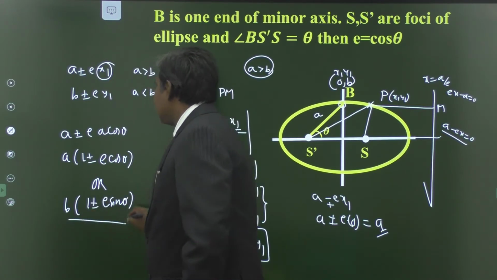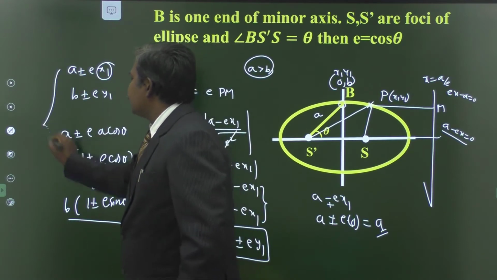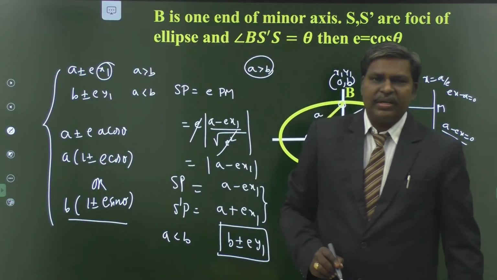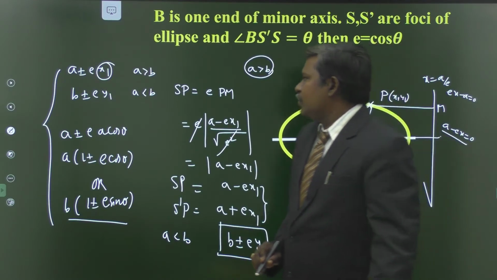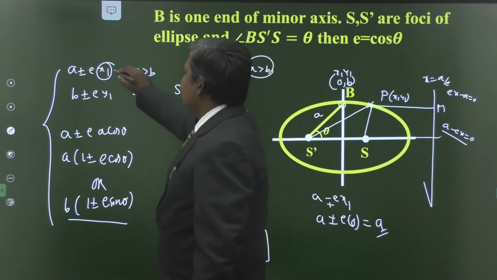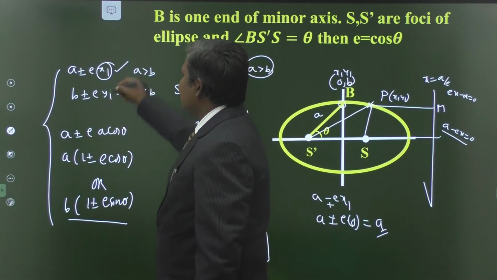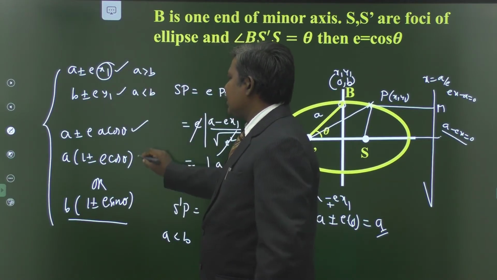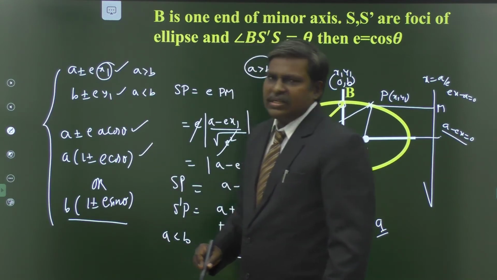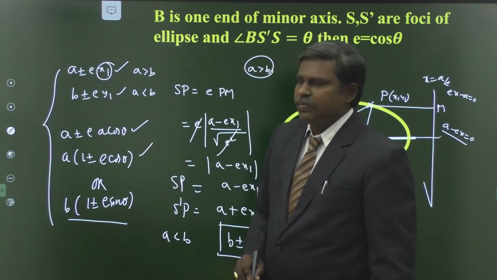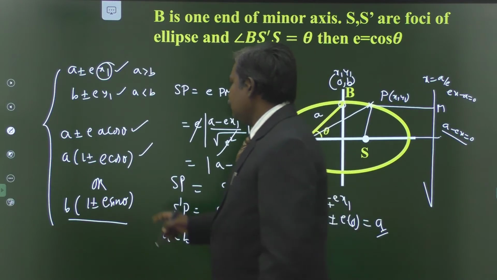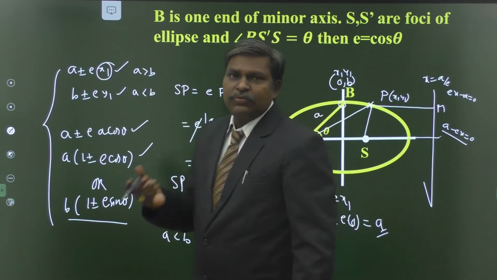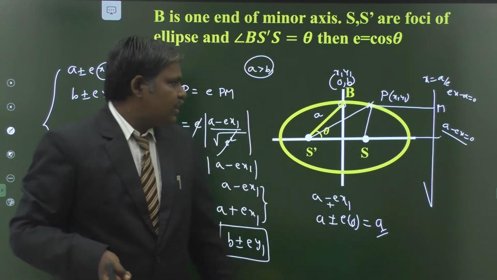Depending upon the situation, you have to use these four formulae which are related to the focal distance of a point on the ellipse. So a plus or minus ex1, b plus or minus ey1. Replace x1 by a cos theta and y1 by b sin theta. We have done another two forms of the focal distances of any point. Understand? So these are the formulas related to the focal distance of any point on the ellipse.